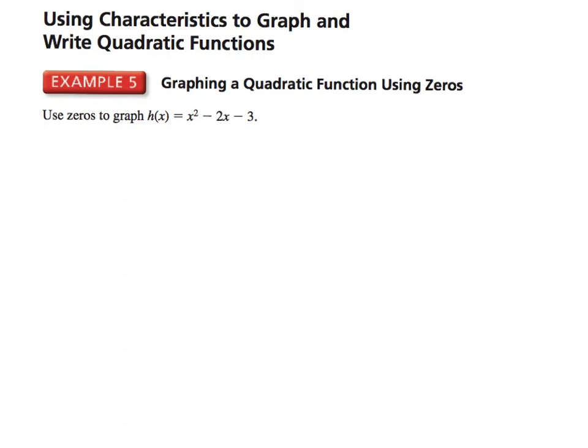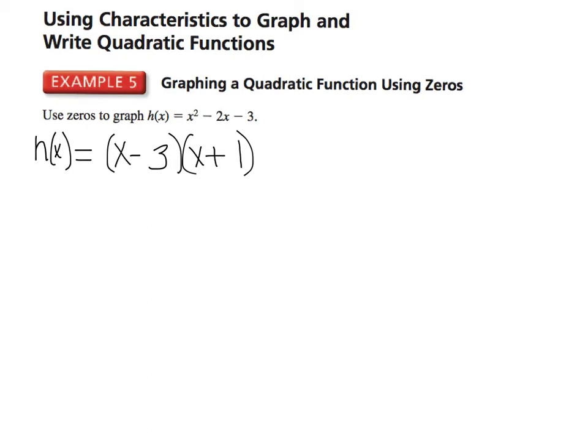Using characteristics to graph and write quadratic functions. In example 5, we're going to use the zeros to graph. Once again, you could easily graph this using negative b divided by 2a. But we're going to factor this. So I don't have a GCF. If I factor it into binomials, that would give me x minus 3 times x plus 1.